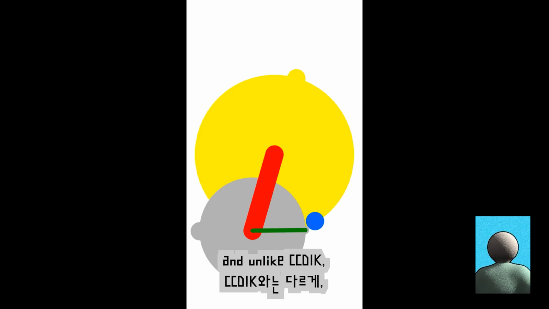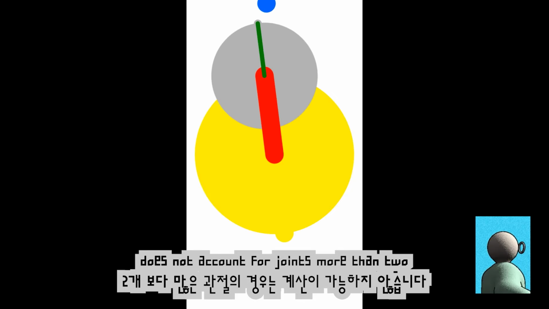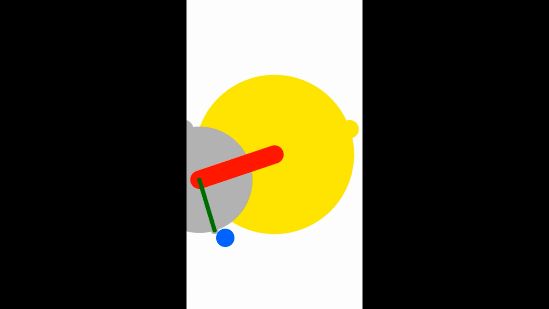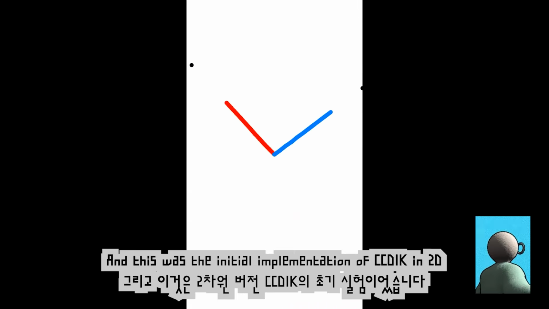And unlike CCDIK, it does not account for joints more than 2. I will skip the details about this. And this was the initial implementation of CCDIK in 2D.